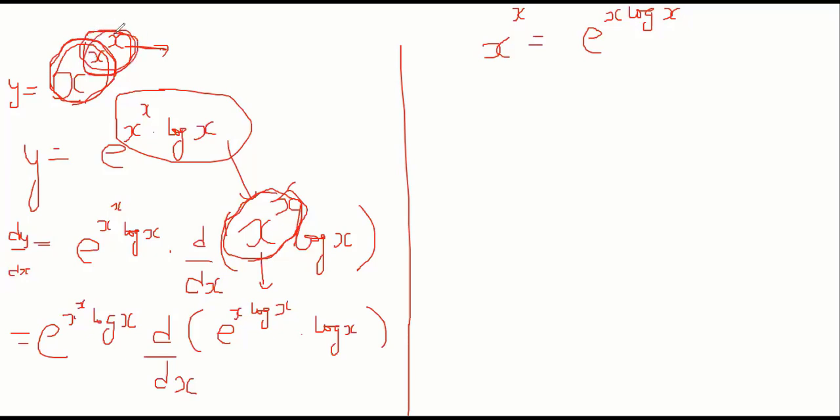Then it will become x to the power e to the power x log x. Correct? You have to assume this way, because you always go from top to bottom. You join it together and make it one entity, then it becomes easier. It's all about visualizing it.